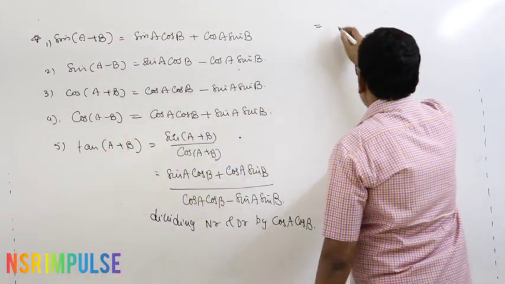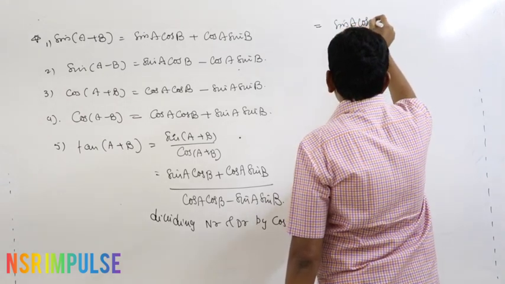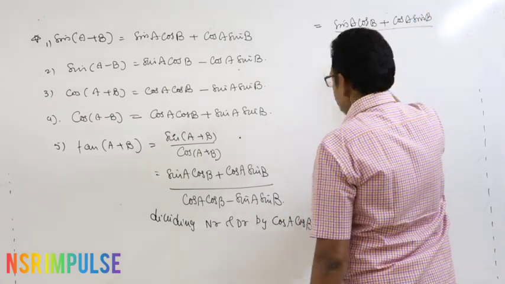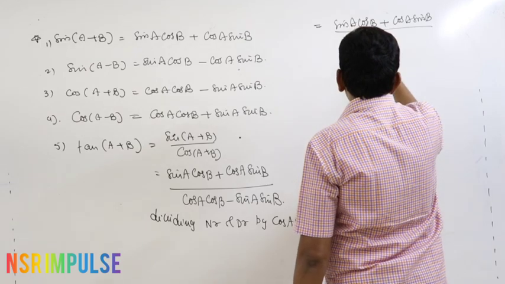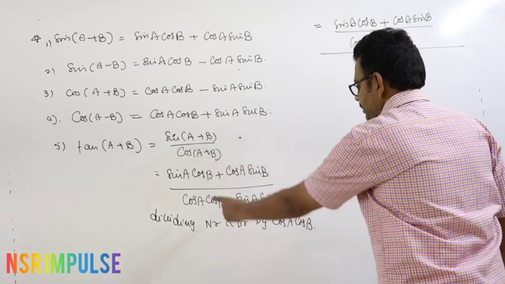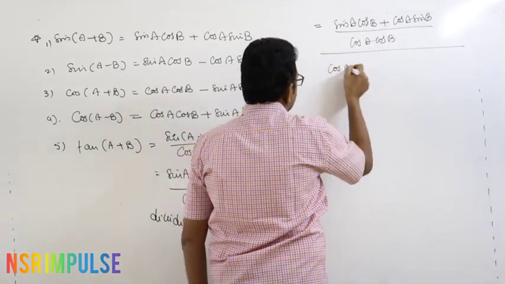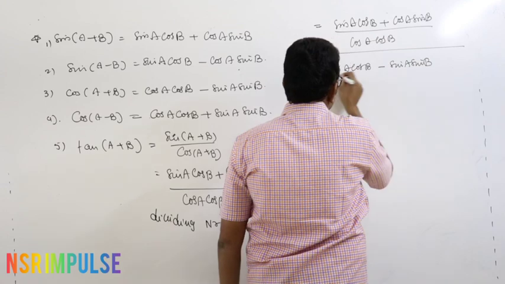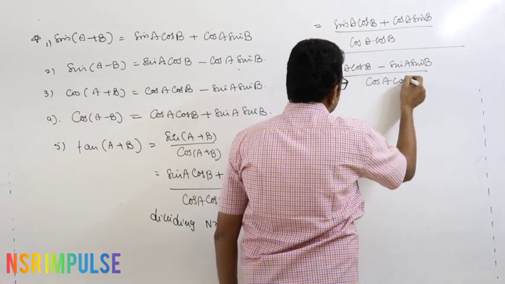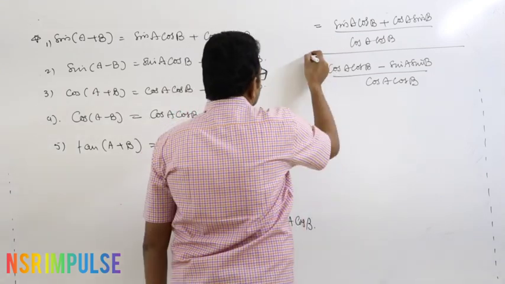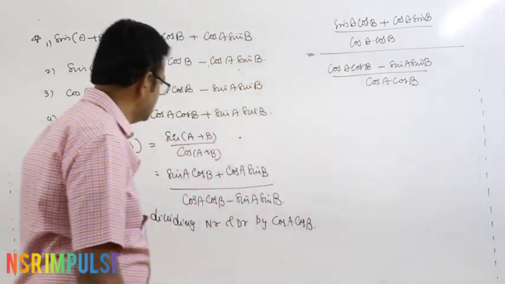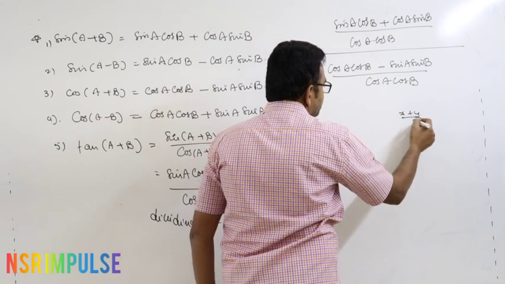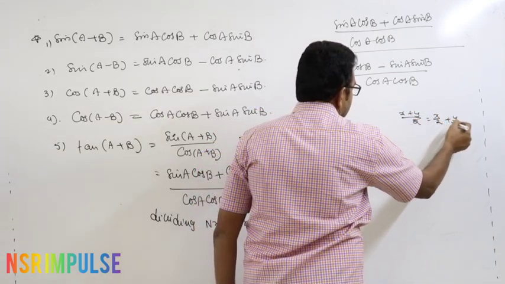So this is equal to sin A cos B plus cos A sin B by cos A cos B. For the denominator, this is cos A cos B minus sin A sin B by cos A cos B, dividing numerator and denominator by cos A cos B. Here x plus y by 2 can be written as x by 2 plus y by 2, like this.